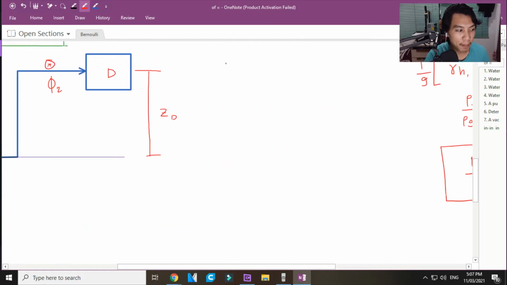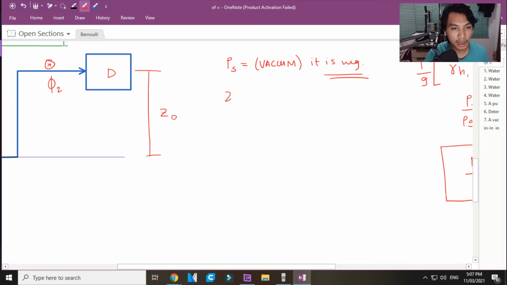If your pump, if your suction, okay, the pressure at suction is vacuum, okay, it is vacuum. If that is vacuum, we can say that it is negative, okay? Negative pressure yan. Negative.